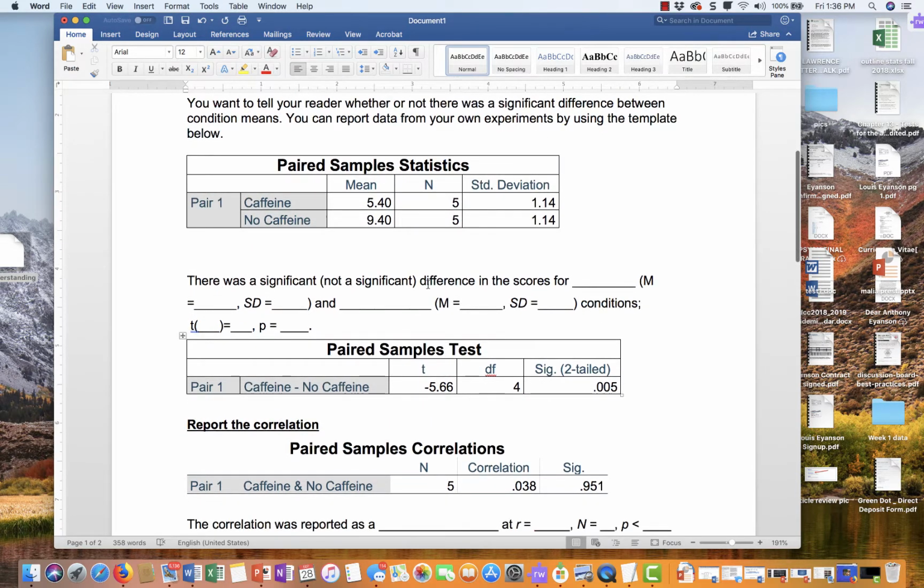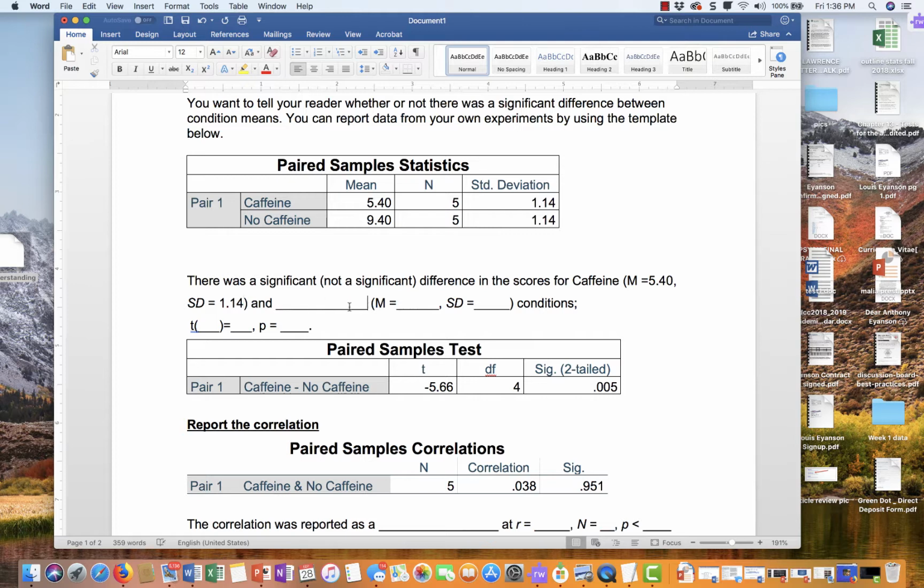Now here is the sentence you're going to be working on. Take out the line here, and we're going to put in caffeine. It's our first variable. Our first mean is right here for caffeine, which is 5.40. And the standard deviation is 1.14, which you can see: means are here, standard deviations are here.